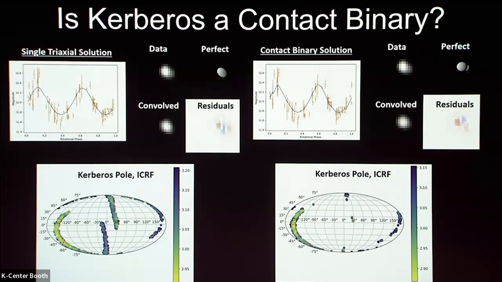If you can exclude this pole, then that's sort of saying that it's not this contact binary solution. But if you can't exclude it, or if it's sort of moving towards the same, then that's stronger evidence that it's a contact binary. But just from the light curve alone, it doesn't seem to be that much of a better fit.